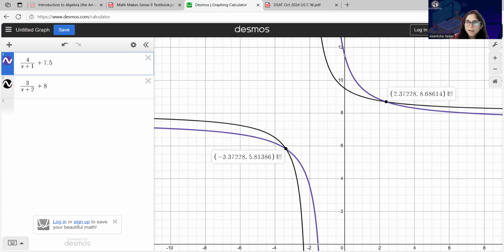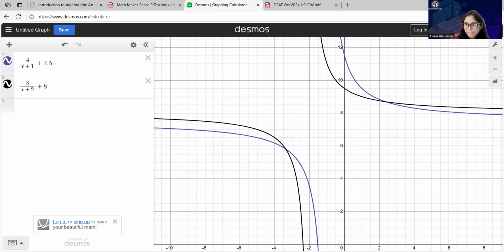So from here, you can get the values of x. These are your solutions. So any equation apart from linear and quadratic, you have to separate them into two different lines. Does that make sense?